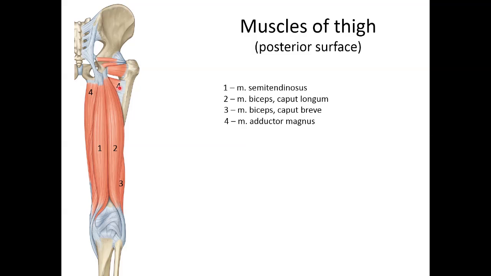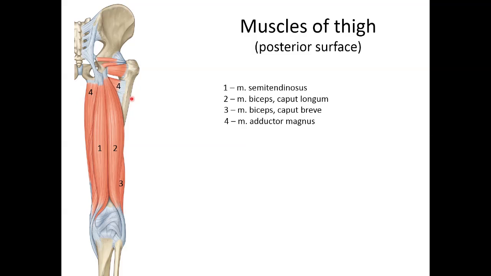So these two muscles, number 1 and number 2, biceps and semitendinosus, lie on the adductor magnus.